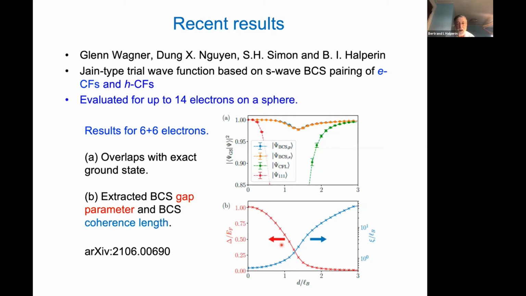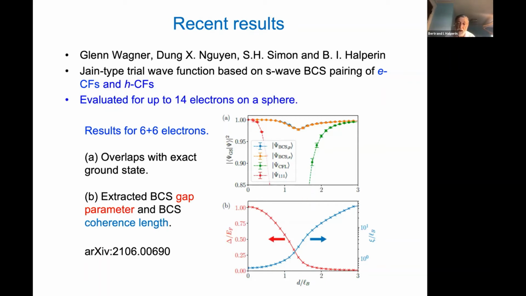They were able to evaluate it for up to 14 electrons on a sphere and found rather good overlaps. Here I just show you 6 electrons in each layer, so it's 12 electrons altogether. And this axis is d over lB on a sphere.